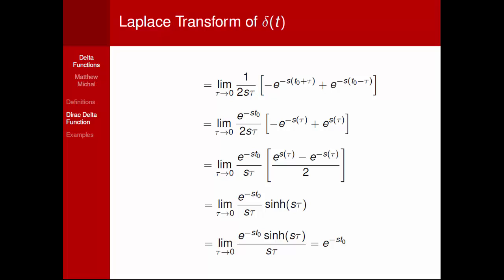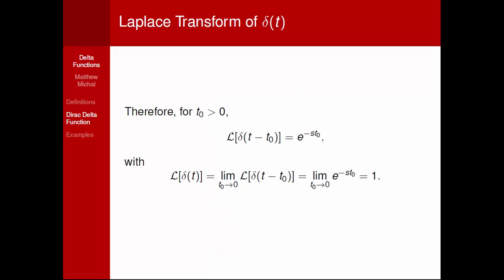And in fact, if I use limits, I notice that it also ends up equaling 1. So my whole limit ends up equaling just that exponential that I pulled out earlier, e to the negative st0, which means my Laplace transform is equal to e to the negative st0.